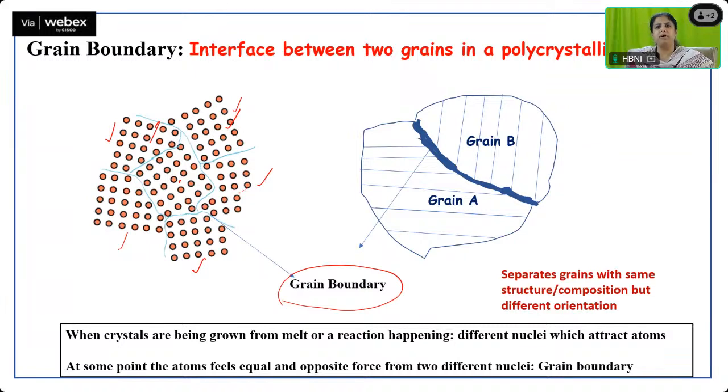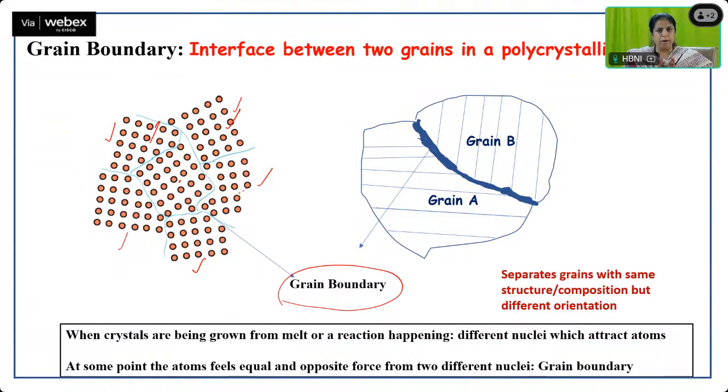And why do grain boundaries happen? How are they formed? Imagine you are growing a crystal from the melt. As crystallization starts, what is the first process? Nucleation happens. So in different regions of the melt, small nuclei will form. And then when growth happens, these nuclei will attract atoms from the melt towards themselves, and they will keep on growing.